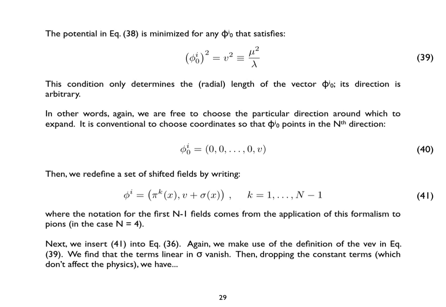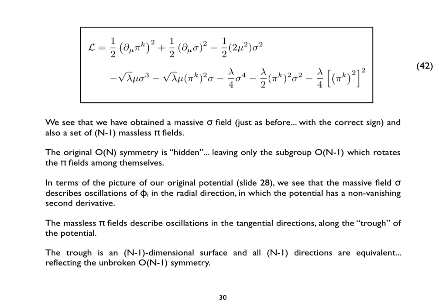Now we can do the same thing we did before. We can take this expression for the field and plug it back into our original Lagrangian. The same stuff happens. I'm going to skip all the algebra.